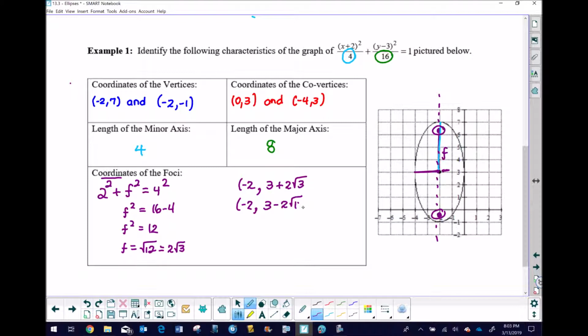We'll subtract 2 square root of 3 to get the foci that's below. So basically, that's where these 2 points are located. And I think if you were to plug these into a calculator, you would very likely see that they seem fairly reasonable.